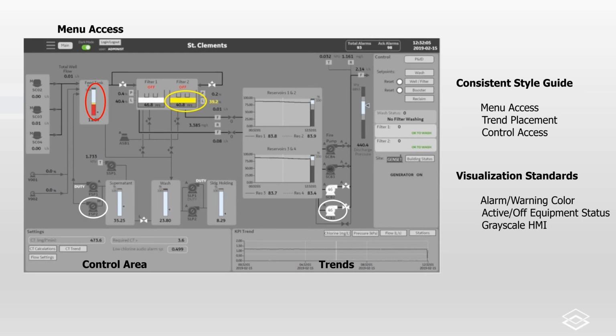This screen shows a grayscale appearance with the alarms indicated by red being an alarm, yellow being a warning limit. And if you notice on the top left of the screen, they have a single button menu access.